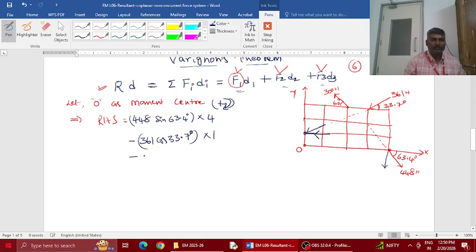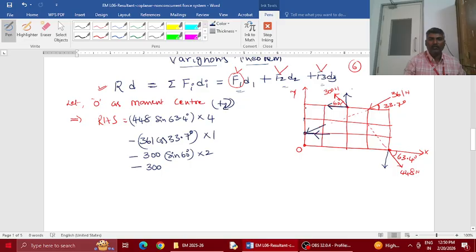Same way, 300 sine 60 is the component, 2 meters is the distance. Minus one more component. 300 will have two components, right? One component like this, other component like this. The sine component will be like this, with perpendicular distance 2 meters.